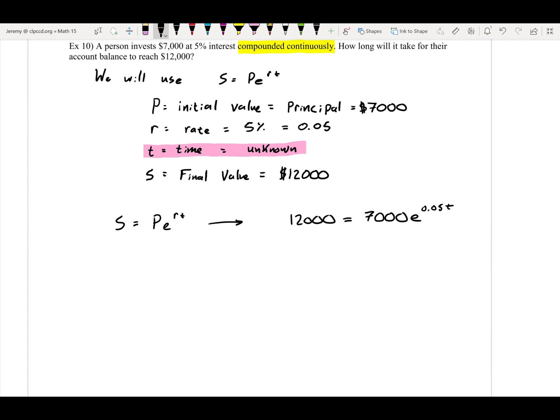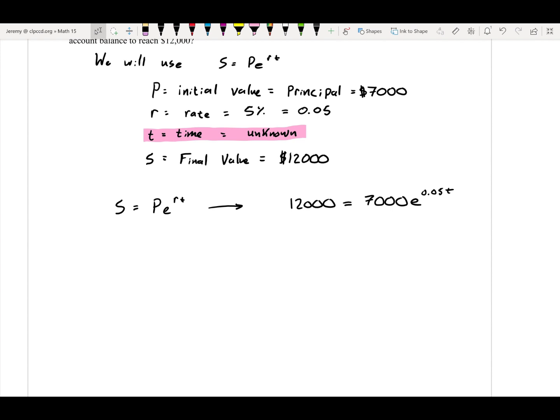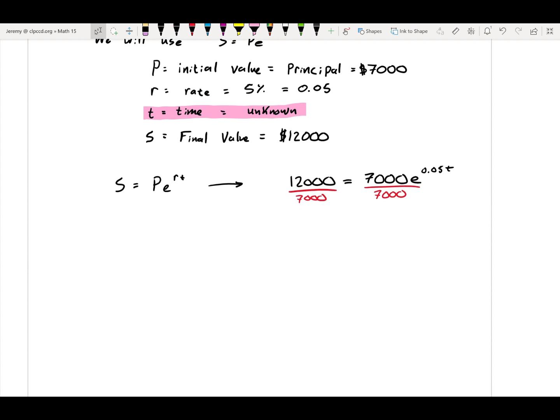Now I want to solve this exponential equation. A good first step is to get the exponential part by itself. So I'll start by dividing both sides by 7,000 just to isolate that e to the 0.05t. Okay, and I'll just simplify this fraction on the left. I could just write this as 12 over 7, canceling that common factor of 1,000.